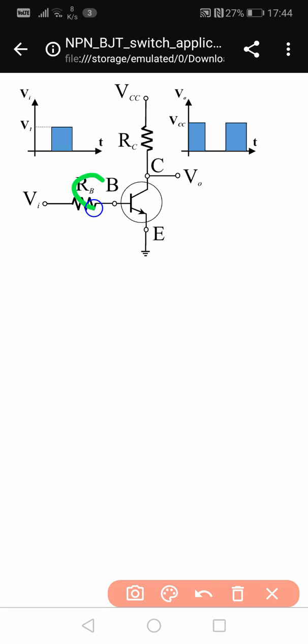There is a resistor RB used to limit the base current IB. So when you apply an input signal as shown through the timing diagram, you have a VI with respect to time, and for a certain time period this signal VI is 0.